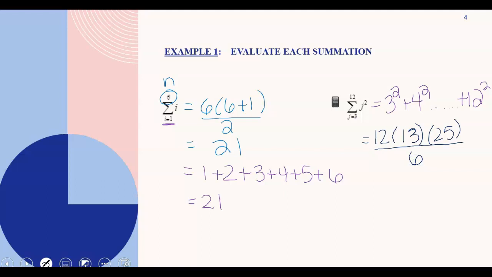So let's do the first one where we add up all the perfect squares by hand. So 3 squared plus 4 squared plus 5 squared, 6 squared, 7 squared, 8 squared.